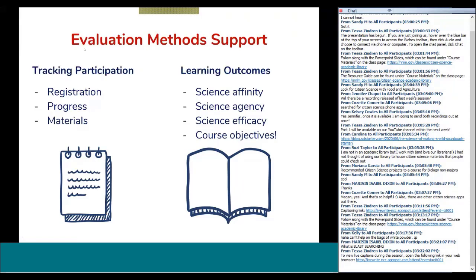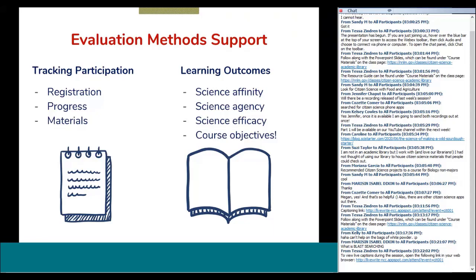Thanks. So evaluation methods can, again, be multifaceted depending on the courses you're working with and what kinds of integrations they are. This is also an area where we've relied heavily on SciStarter and on collaborations with our College of Education. So you need to be able to track who's signed up and whether or not they're part of a class.